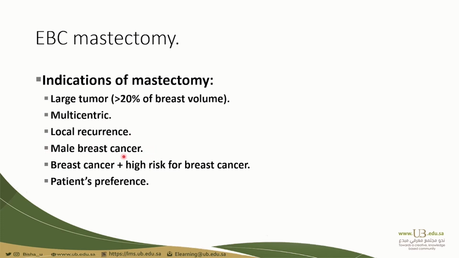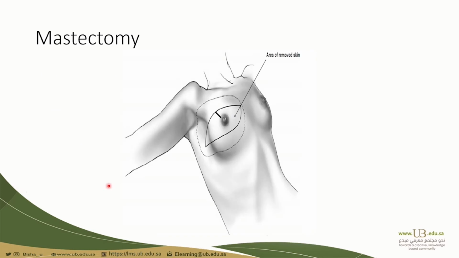Cancer in a male patient, breast cancer plus high risk factors for breast cancer, and if the patient doesn't want lumpectomy. So this is the incision of the mastectomy, and you will go for axillary dissection if it is indicated, and we will talk about the indication of axillary dissection.